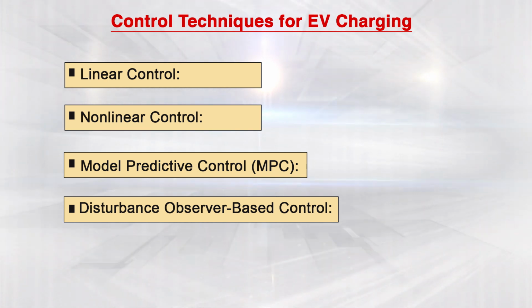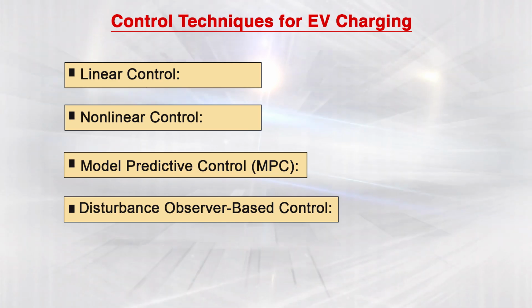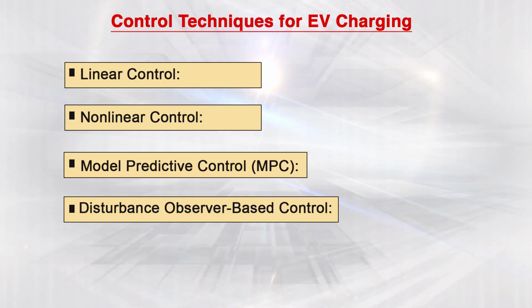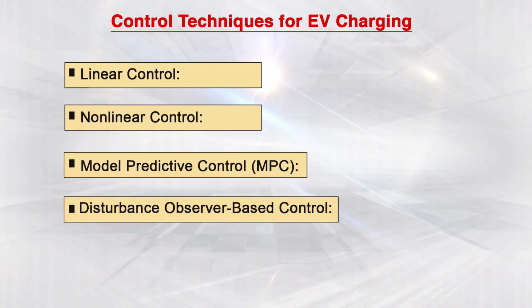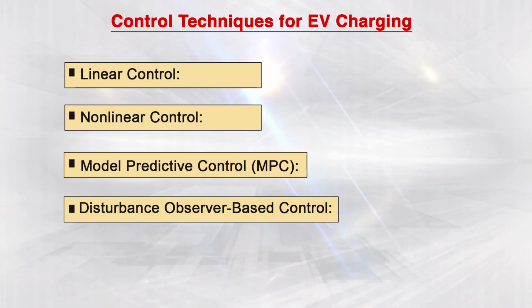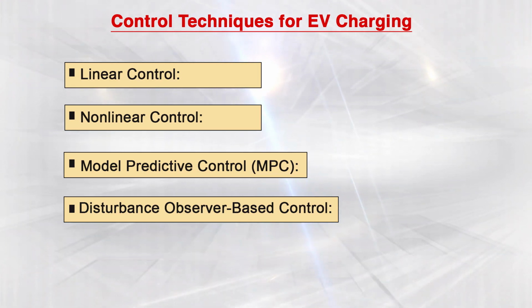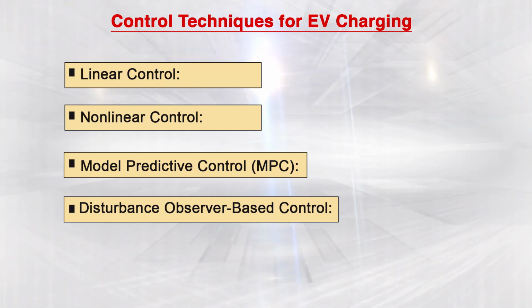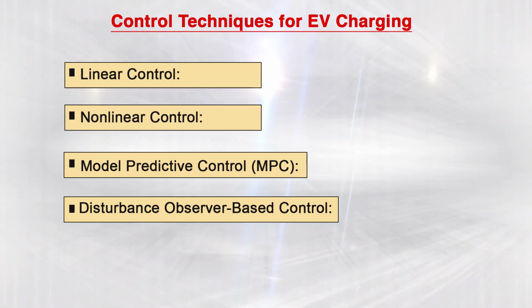People are using MPC, model predictive control, to optimize the dynamic performance. Then finally, people are using disturbance observer based control, which improves the control performance by estimating and compensating for system disturbances. Challenges in converter control: disturbance rejection, voltage ripple, current control, and dynamic performance under V2G and G2V mode.